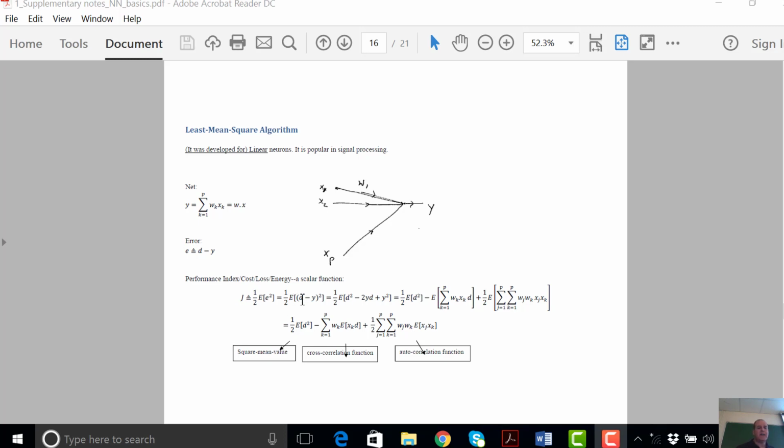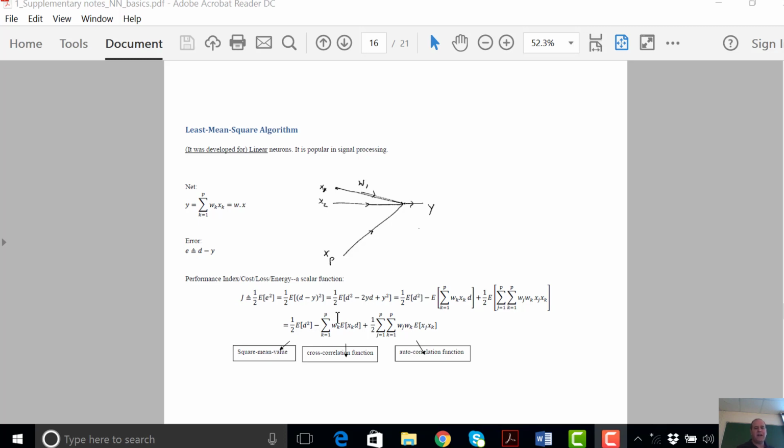And we can expand this error squared by this. We can expand this one as such. We exploit that E is a linear operator, it can pass through these things. So here we have the linear operator passed, as you can see, in this term, this term, this term. And then we are looking for constant weights, optimal weights, not random. So that operator can pass those weights, and we end up with these equations. And we have the expected value of this desired value, which is constant, so it would be the same if it is a constant.